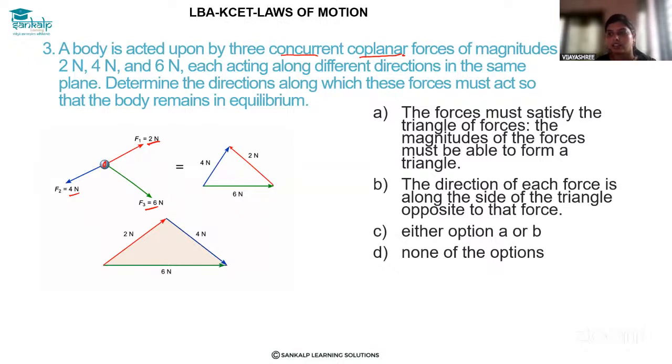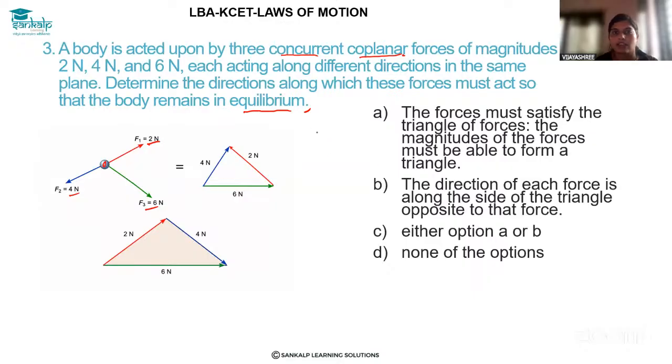Now, what is the condition for equilibrium? For three concurrent coplanar forces to keep a body in equilibrium, their vector sum must be 0. Whenever a body remains in equilibrium, their vector sum should be 0.